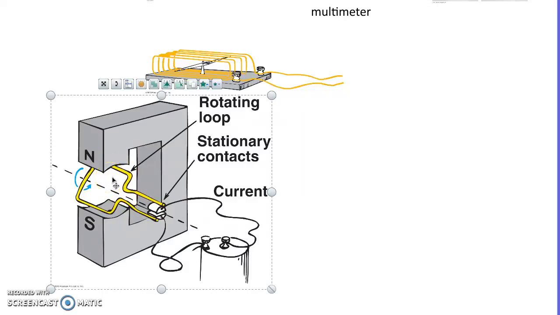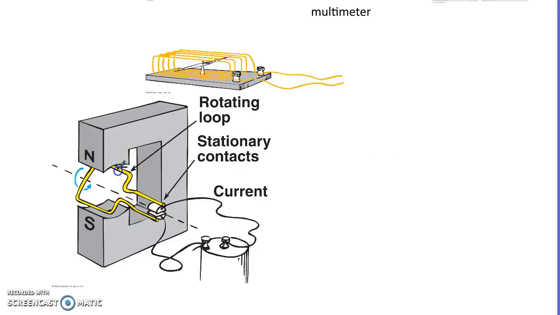Say this side is south. The magnetic field around this one is south, and the one here is north. So the south would be attracted to the north end of this magnet, and the north end of this loop that has current going through it would be attracted to the south end of the magnet.